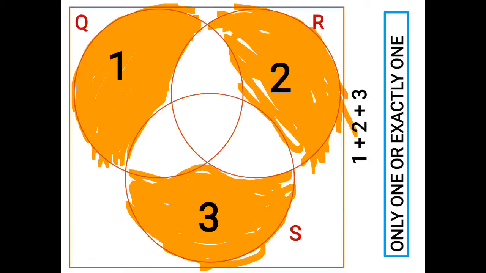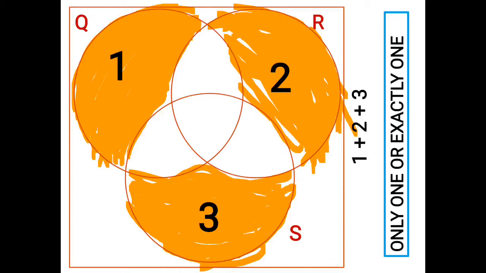Now I have shaded region 1, region 2, region 3, which you've already seen: region 1 means Q only, region 2 means R only, region 3 means S only.